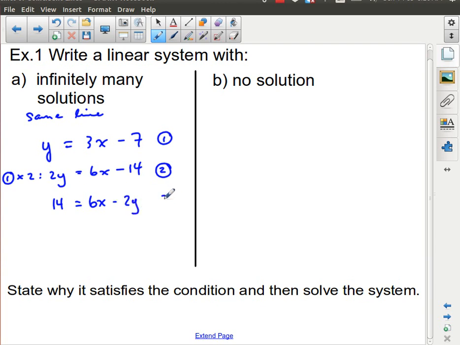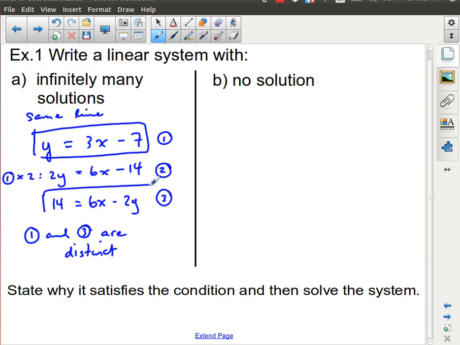So I might make another equation, so 1 and 3 are distinct, and yet they don't look the same. So when you first looked at these two equations, you wouldn't automatically say those are the same line. So it takes a little bit of work.